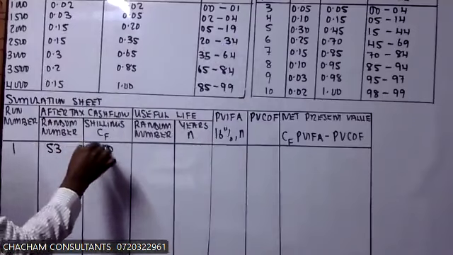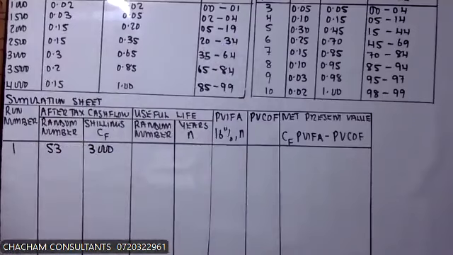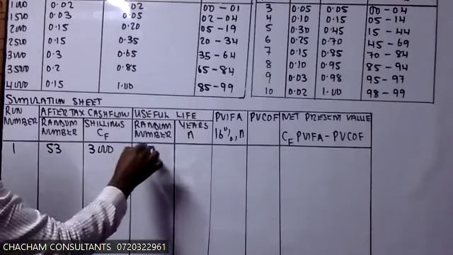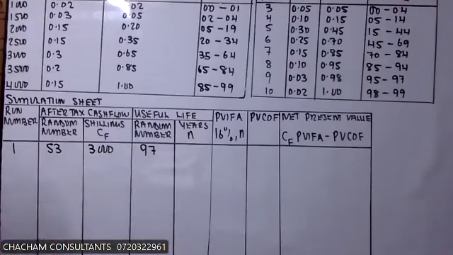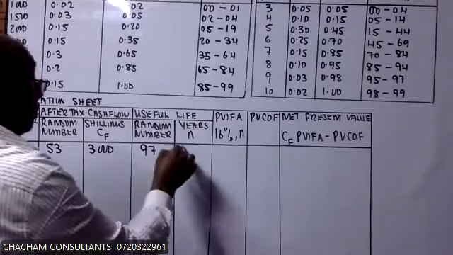The next random number is 97. Let me get this now from Anne. Anne, tell me 97 is going to give us how many years? Go there to Monte Carlo. Good, 9.